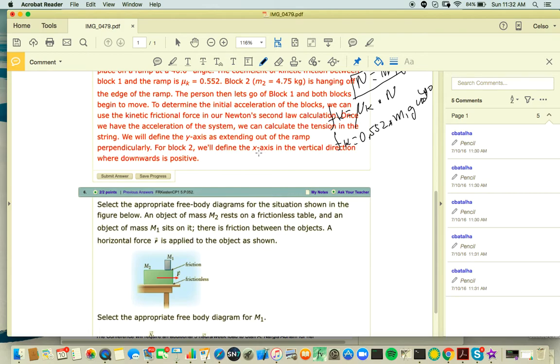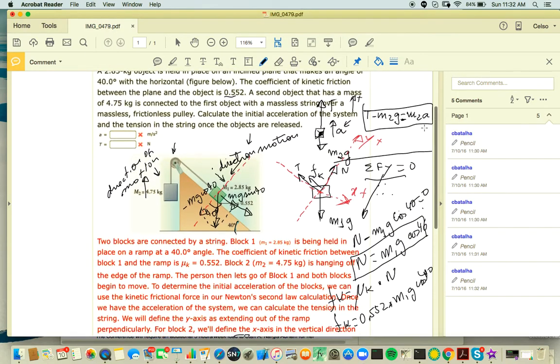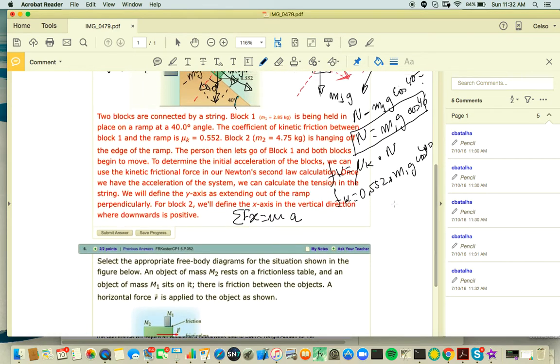Now, how do we do the sum of forces in x? Well, the sum of forces in x is equal to mass times acceleration, acceleration being the same number we used here. And what are the forces projected in the x direction?